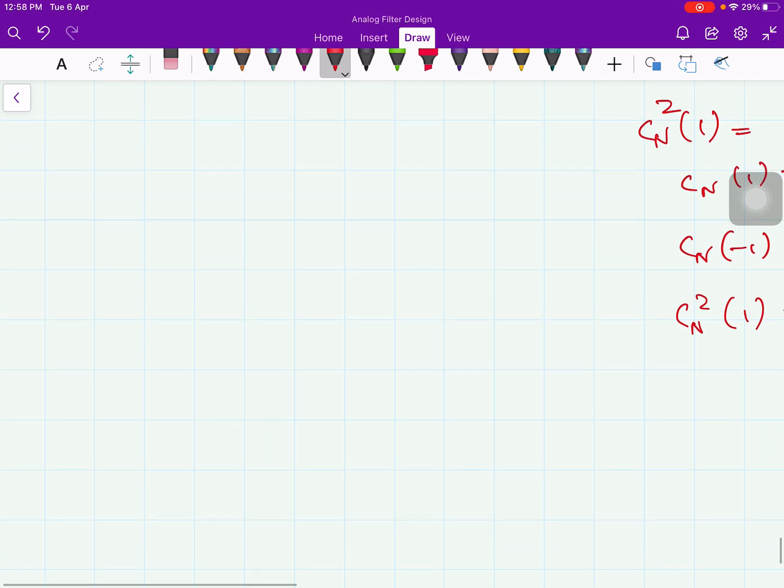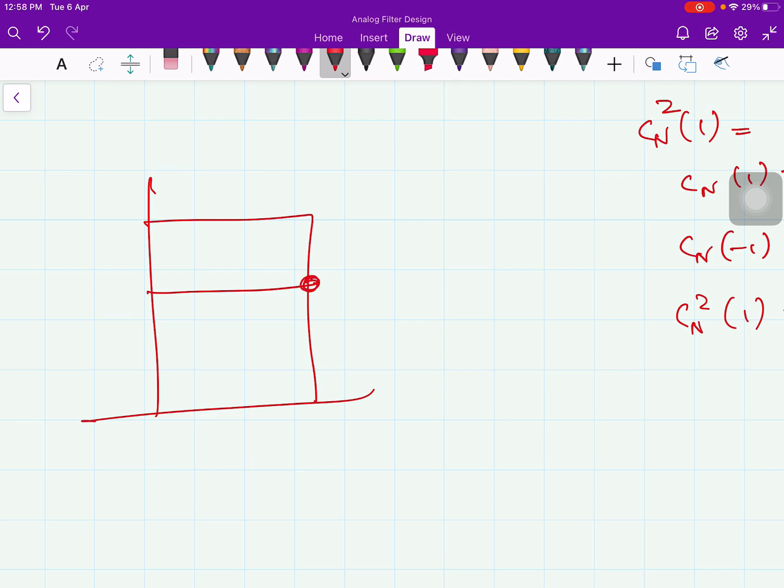And therefore, irrespective of the order, all characteristics must pass through this point, like Butterworth filters. And this is the edge of the pass band. So all the characteristics must pass through this point. In our case, this point magnitude is 1 divided by square root of 1 plus epsilon squared.